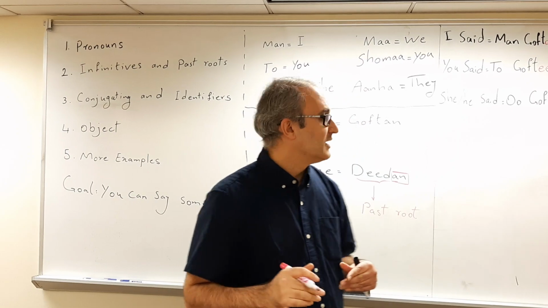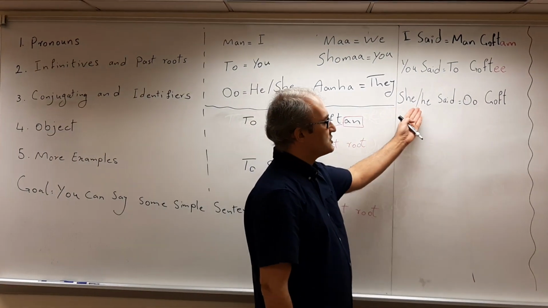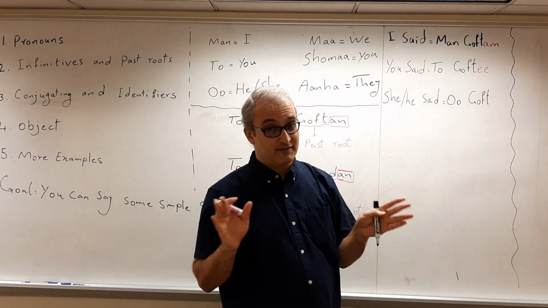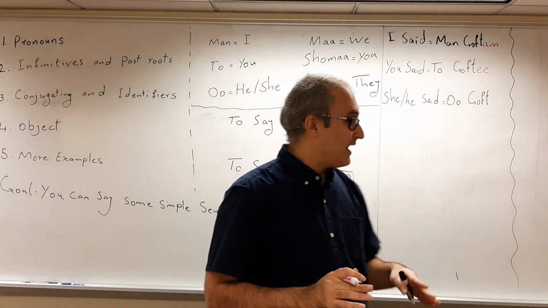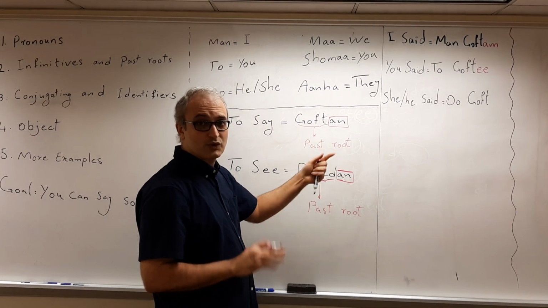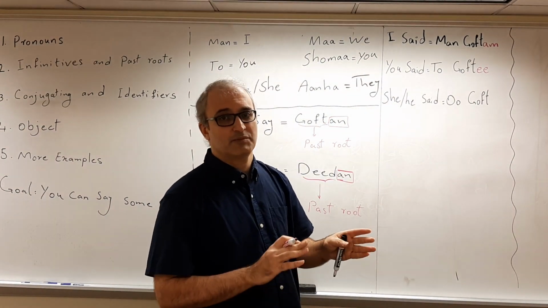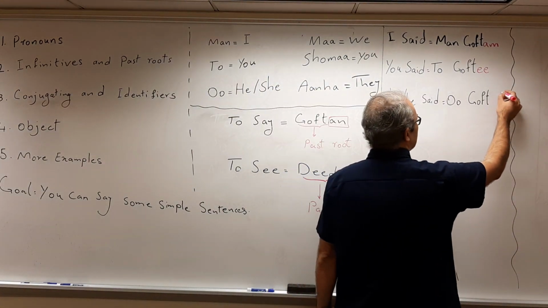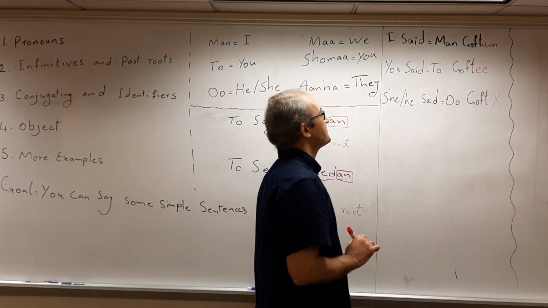For he or she, or u in Farsi, we don't have any identifier. We have just the past root, u guft. It means he or she said, without any identifier here. Okay?